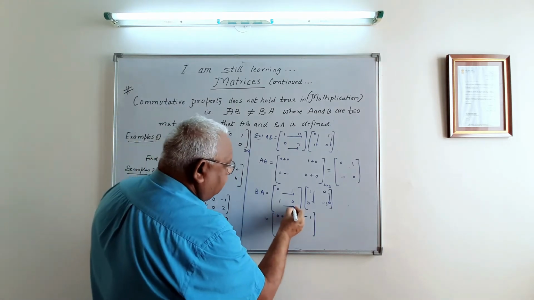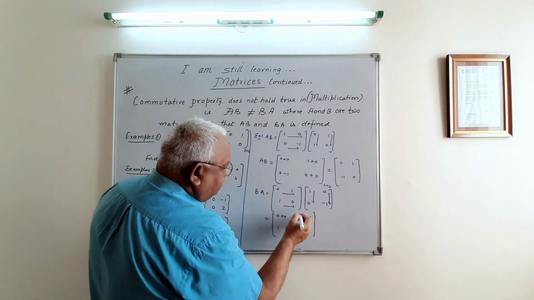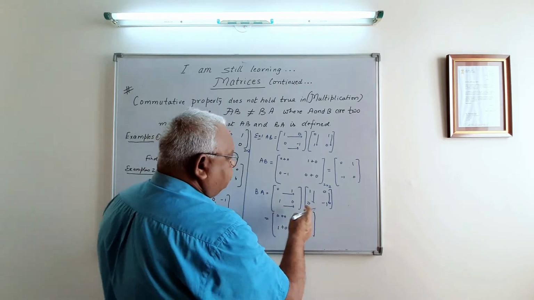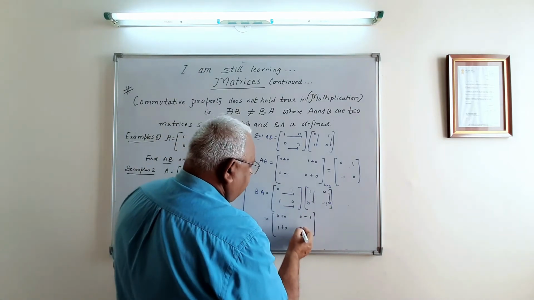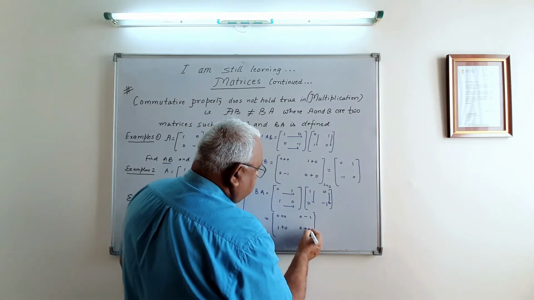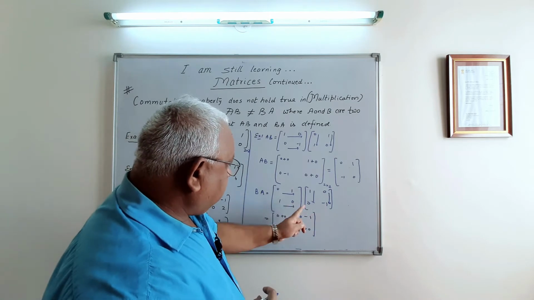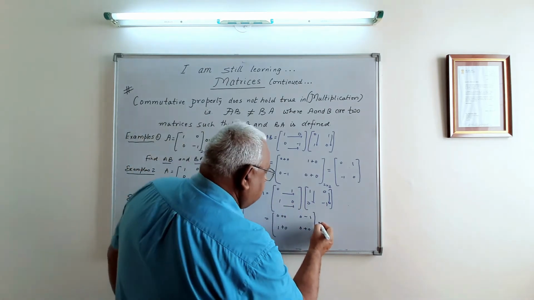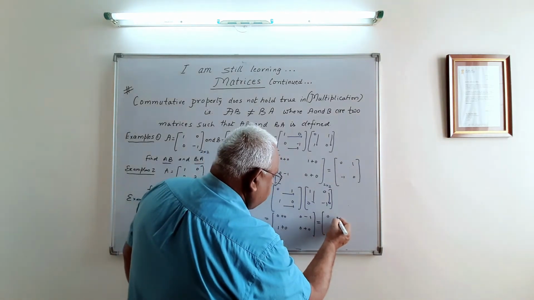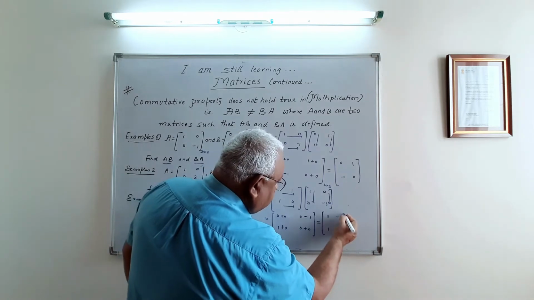Then second row, first column: 1 into 1 is 1, plus 0 into 0 is 0. Then second row, second column: 1 into 0 is 0, 0 into minus 1 is also 0. So this result is [0 -1; 1 0].